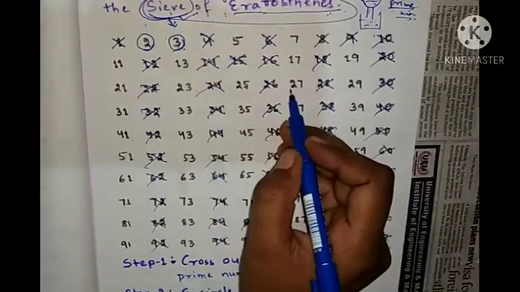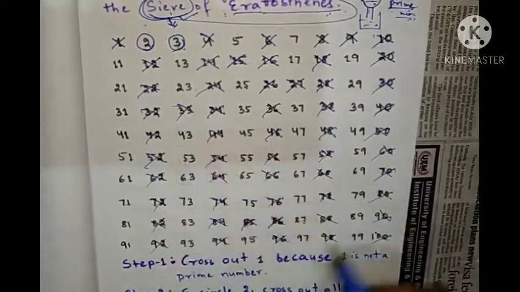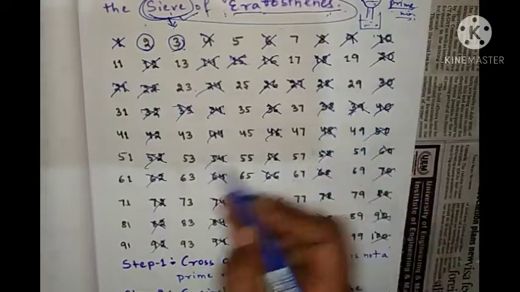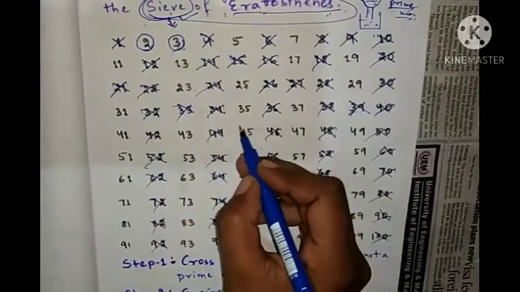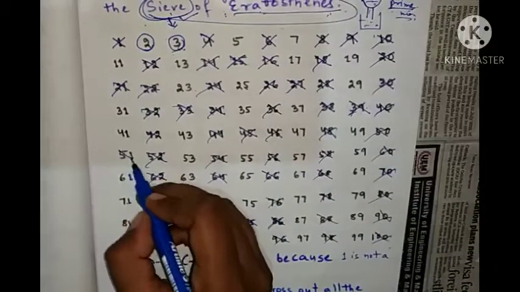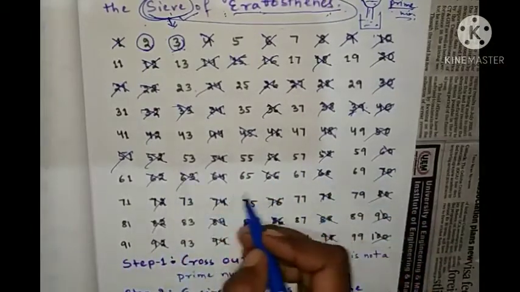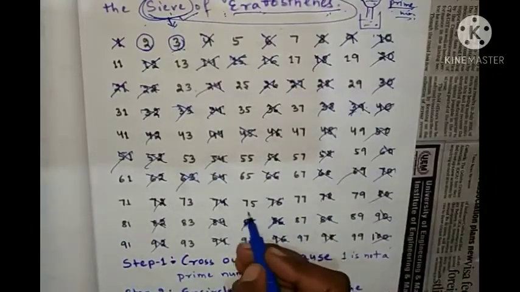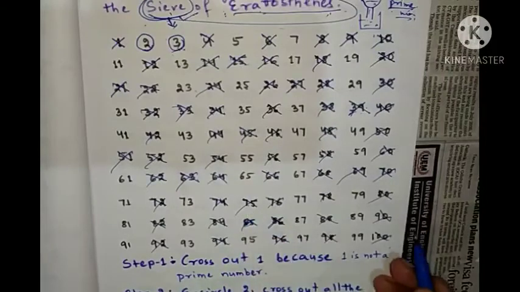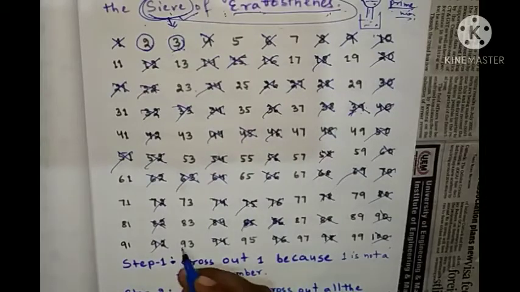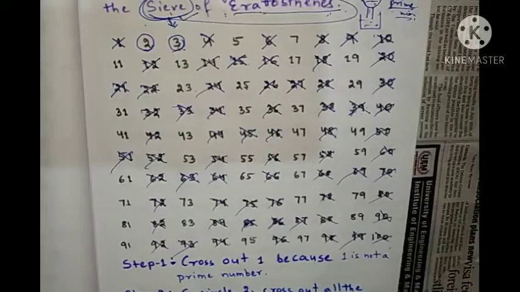Then 3 into 15 is 45, then 51, then 63, then 69, then 75 because 25 into 3 is 75, then 93, then 99. So these are the multiples of 3.